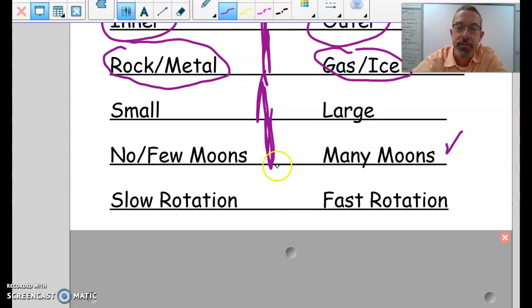The inner planets, it might not seem so, but they have a relatively slow rotation. Earth and Mars are about 24, 25 hours. The outer planets have very fast rotations. Jupiter is about 10 hours. You might think since they're so big they shouldn't be able to rotate so fast, but nevertheless they do.